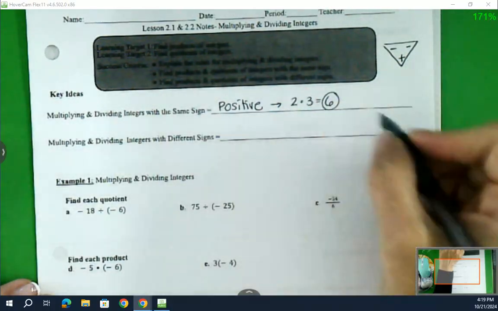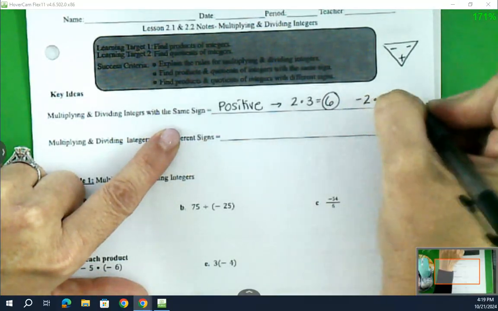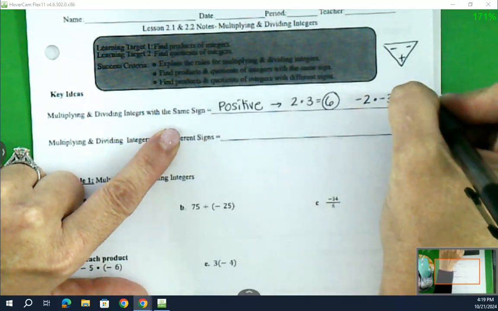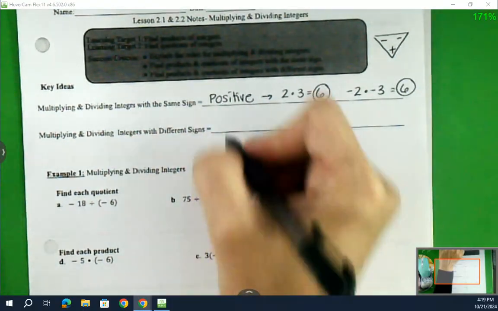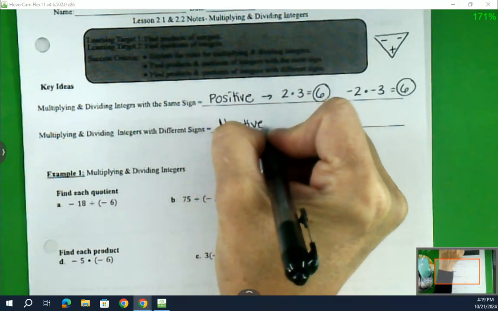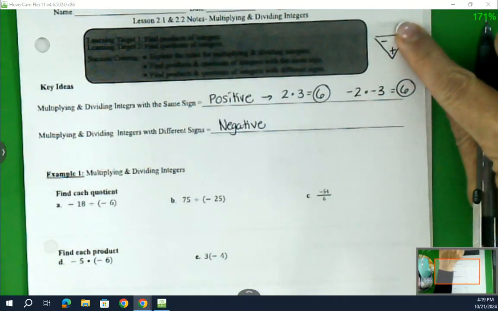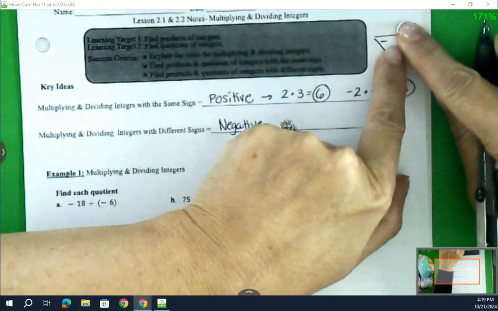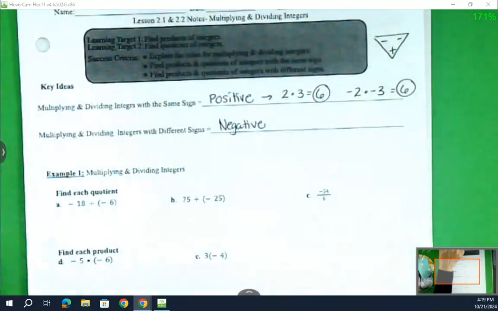And what we're saying now with the same sign is if we have negative 2 times a negative 3, that's also going to be a positive 6. Multiplying and dividing integers with different signs will give us a negative answer. And using our triangle, we can see that a positive times a negative is negative, and a negative times a positive is also negative.